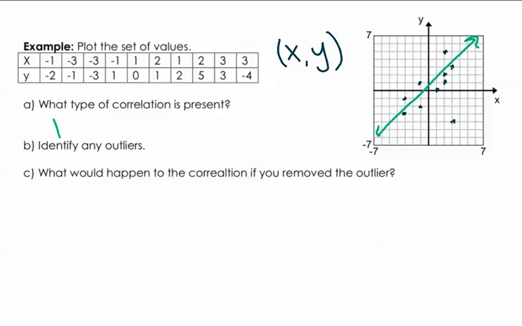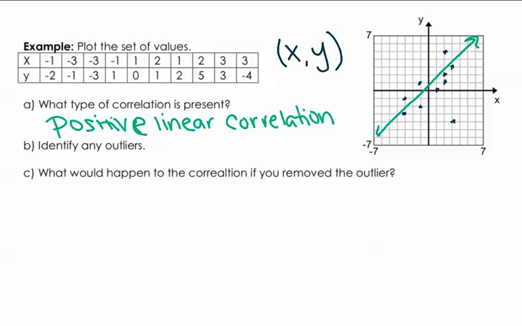We're going to go ahead and write positive linear correlation. We want to say linear there because it's that line, it's that linear shape. There's other types, you won't see it too much, but the I-STEP is going to ask you what type of correlation, and positive linear correlation would be the best possible answer you could have in this situation.